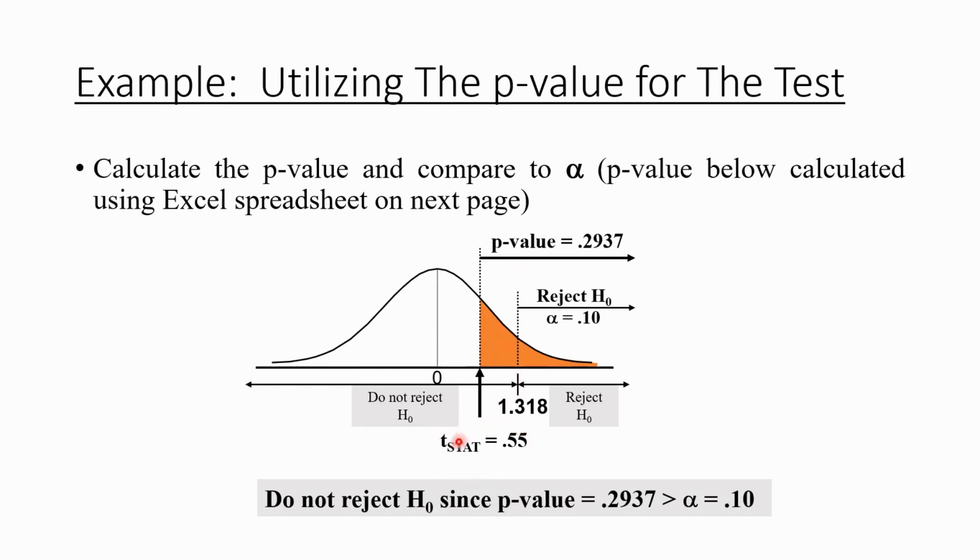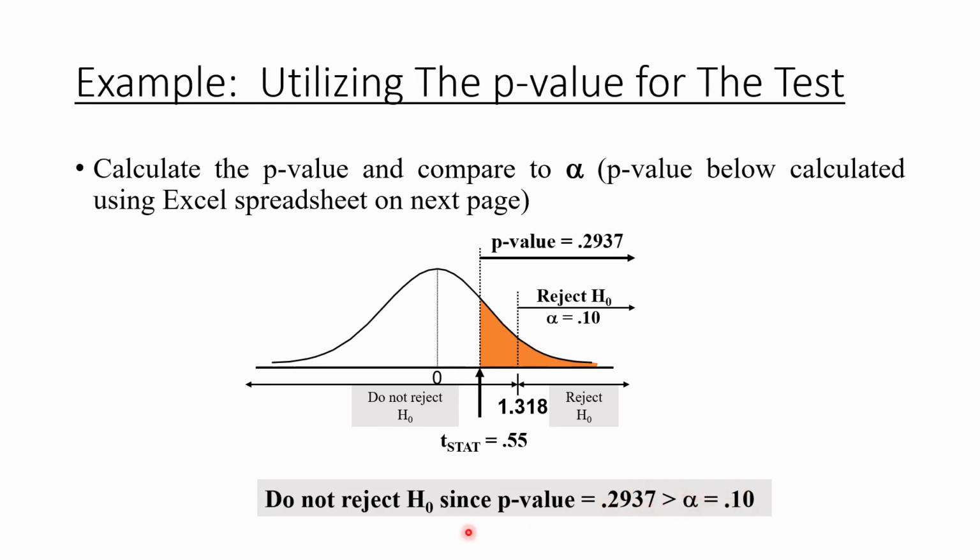You go to your t-table and check the corresponding value for 0.55, and you will see that it is 0.2937. Since 0.2937 is greater than your level of significance, which is 0.1, you do not reject H0.